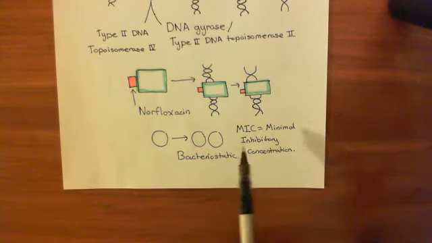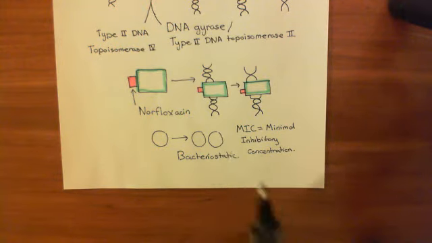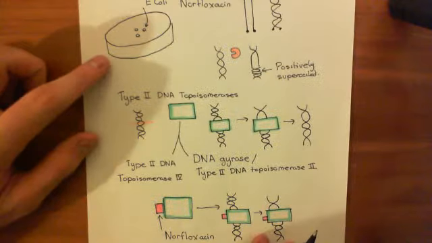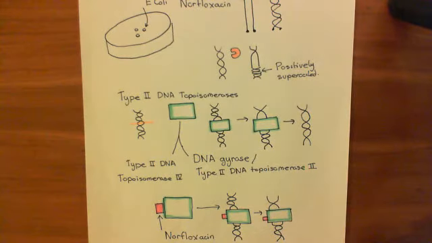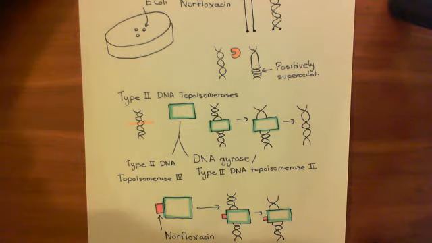But here I hope it's clear that it's the concentration we need to put into our agar plate in order to stop the E. coli from synthesizing proteins and therefore stop them from dividing, but it's not high enough to actually kill the cells that are already there. It's not the bactericidal concentration. Okay, and we'll continue this discussion in the next video.